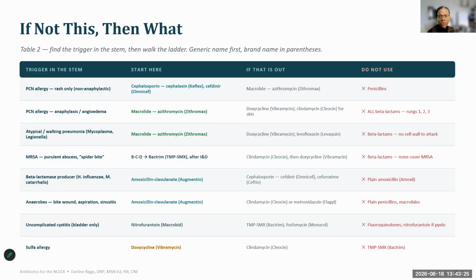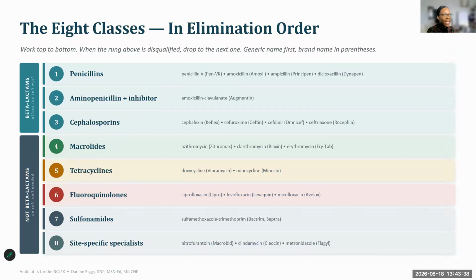If for whatever reason, resistance or something else, they're not able to take azithromycin, then you're going to go to your doxies. Okay, doxycycline, clindamycin. So if you look at your cascade again, they cannot have any penicillin, so that means no 1, 2, or 3. For whatever reason, they can't have a macrolide, then your next one is 5. You ruled out 1, 2, 3, 4.